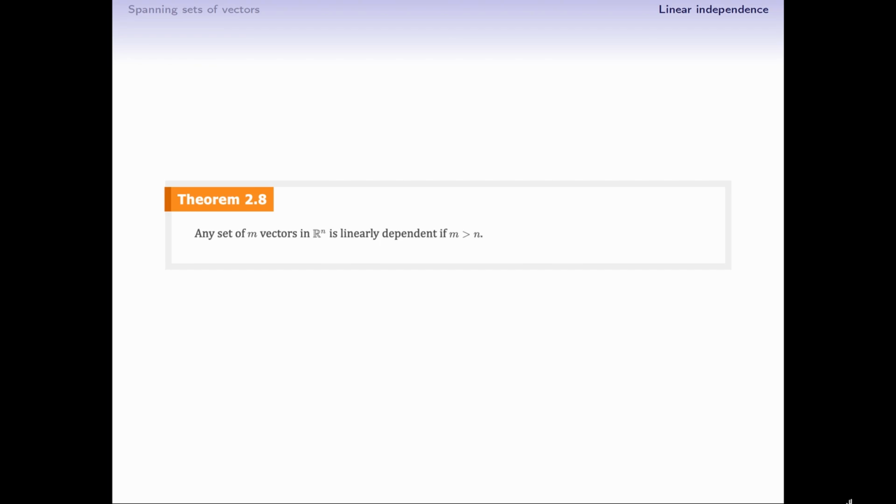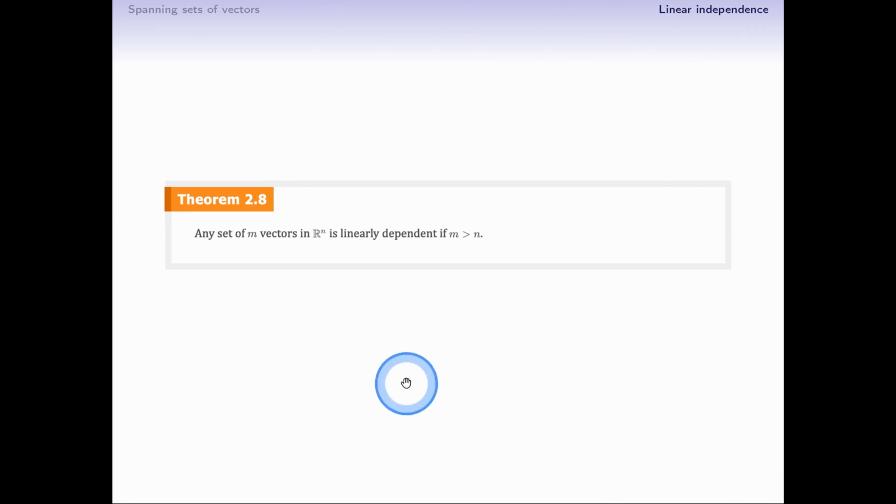Let's close this section with the statement and proof of Theorem 2.8. Any set of m vectors in Rn is linearly dependent if m is greater than n.